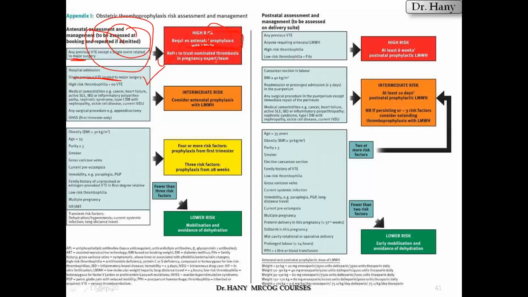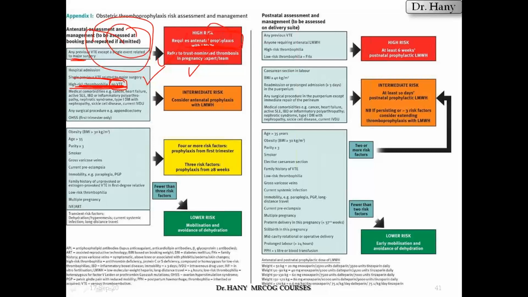So this one will require antenatal prophylaxis, and after that she will have 6 weeks postnatal. Any woman with hospital admission, provoked surgery, high risk thrombophilia, but without VTE, because if with VTE, she will be indicated for high dose.